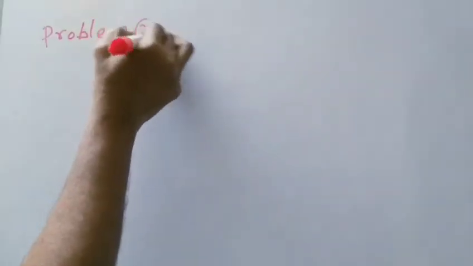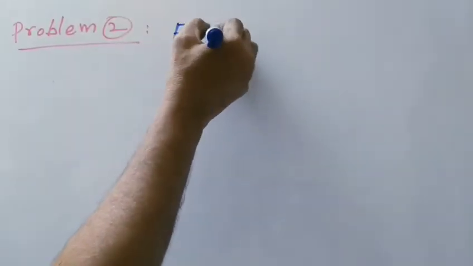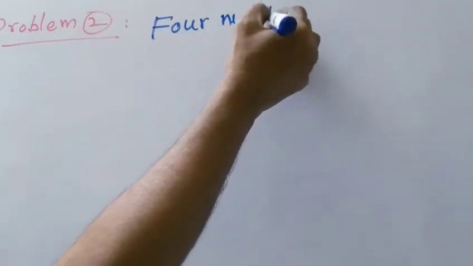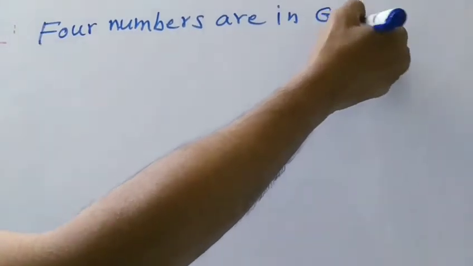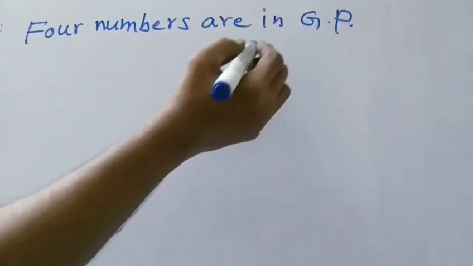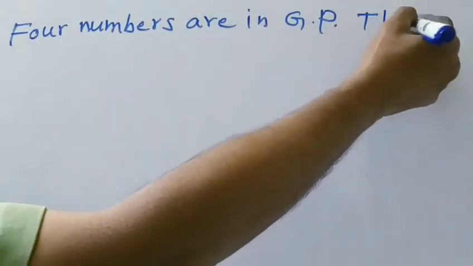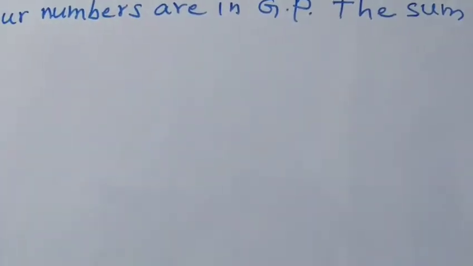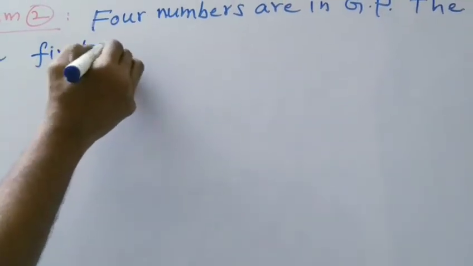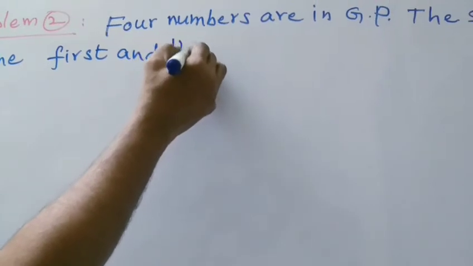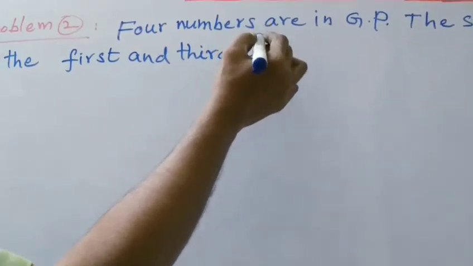Now problem 2. Four numbers are in geometric progression. The sum of the first and third is 15.